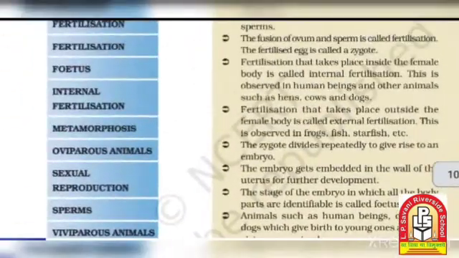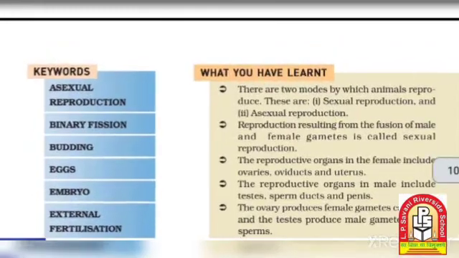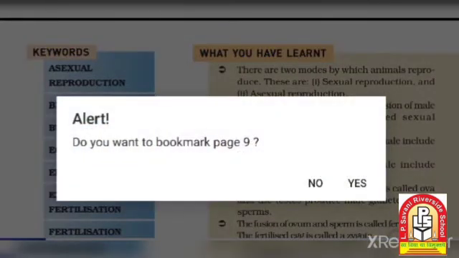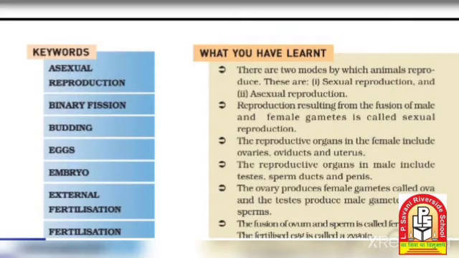Then after, you have to learn in this chapter these keywords. The first one is asexual reproduction, which I will teach you in brief in the Zoom lecture. You must join the Zoom class if you want to learn about this chapter briefly.